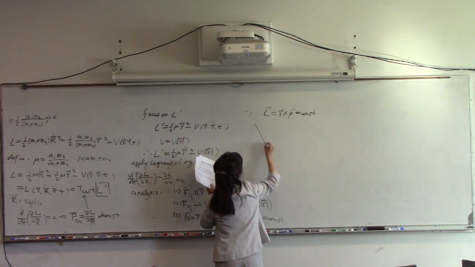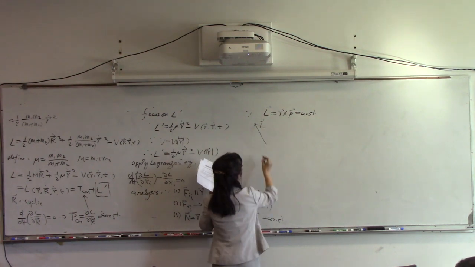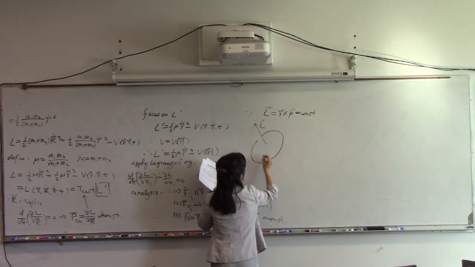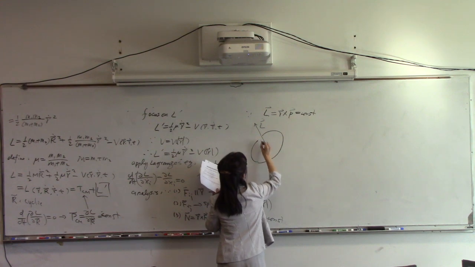suppose we have this angular momentum in space here, and the orbit is perpendicular to this angular momentum, right?